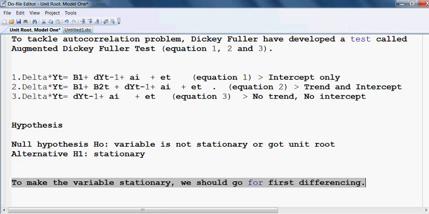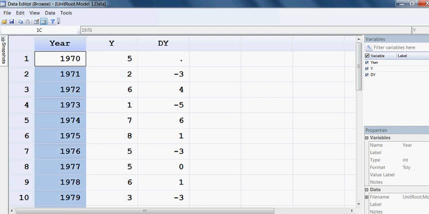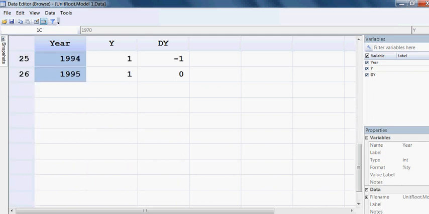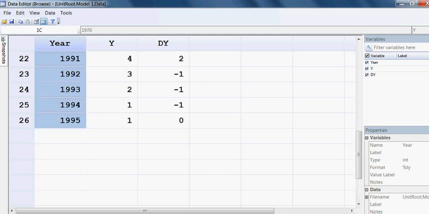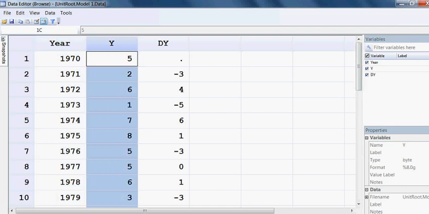Now we see our data. The data is here. This is our data file, and you can see the year from 1970 until 1995. We have the yearly data and y.